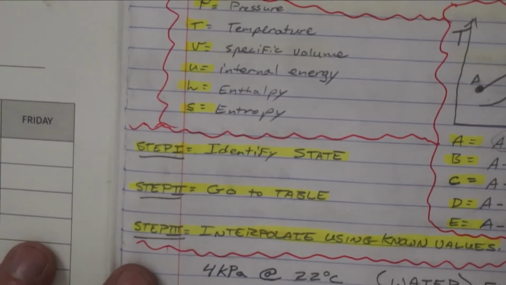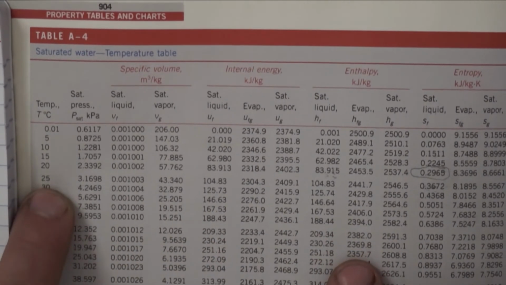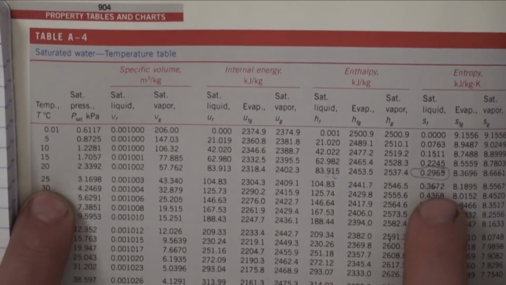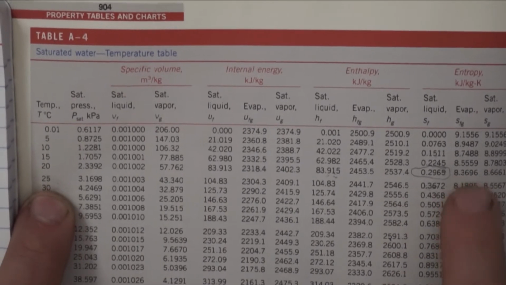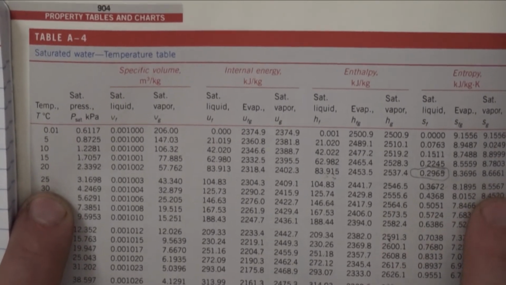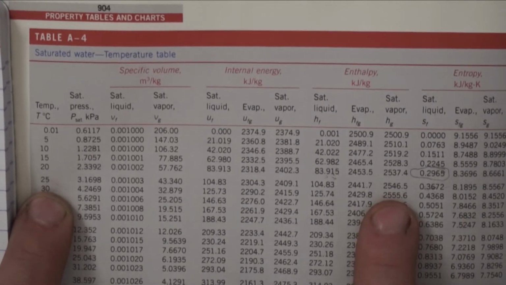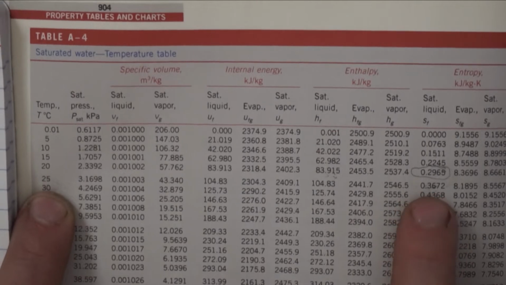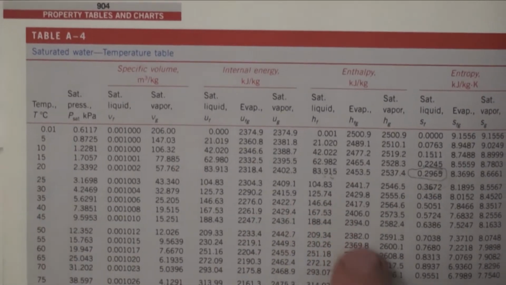The state we just identified is 0.1 at 25C. There's 25C, here's the entropy. Where does it fall? Does it fall in the mixture area in the middle between these two numbers? No. Does it fall above here in superheated? No. Does it fall below the 0.3672? Yes. So that means it's compressed.